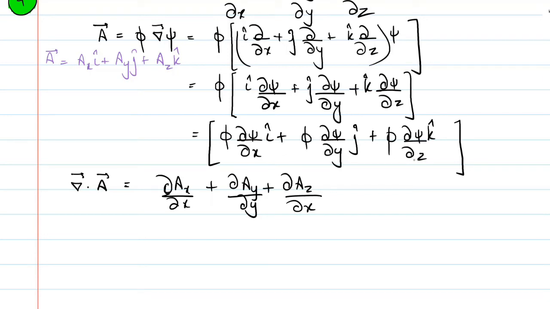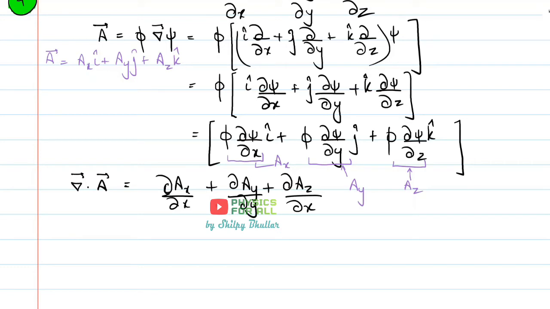Now in this expression, whatever is with i cap is Ax. This portion is Ay, the y component of vector A, and this is Az, the z component of vector A. And this del dot A says that we have to find the partial differentiation of the x component of vector A with respect to x.